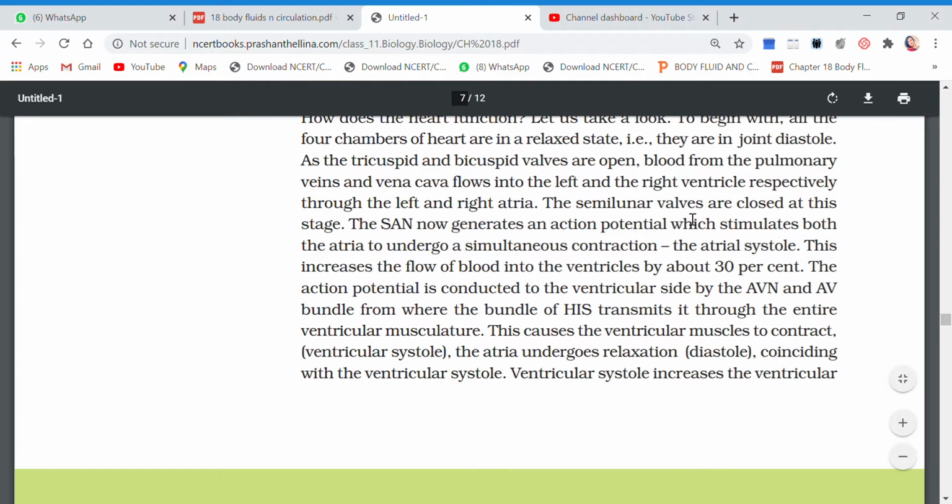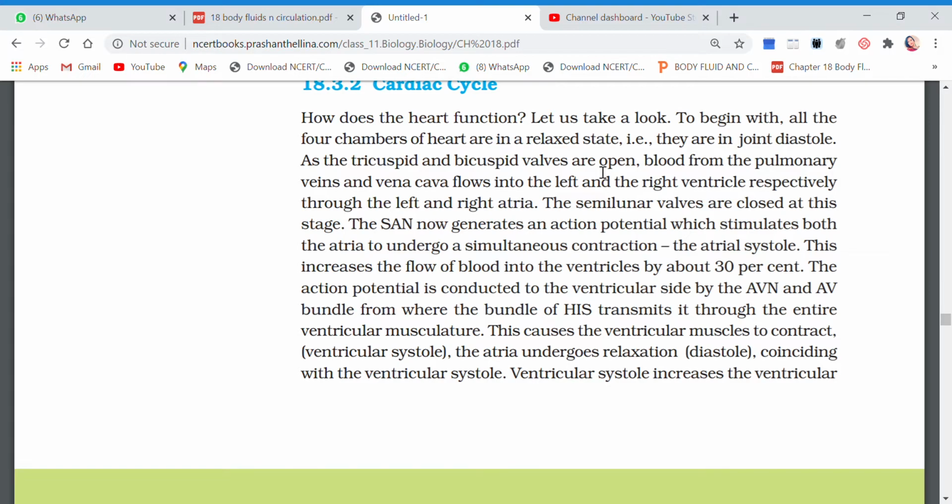When the heart was at the diastole stage, the ventricles are filled with the respective blood: left ventricle is filled with oxygenated blood and right ventricle is filled with deoxygenated blood. At this point, SAN will generate an action potential, and due to the stimulus, only the auricles will undergo simultaneous contraction.